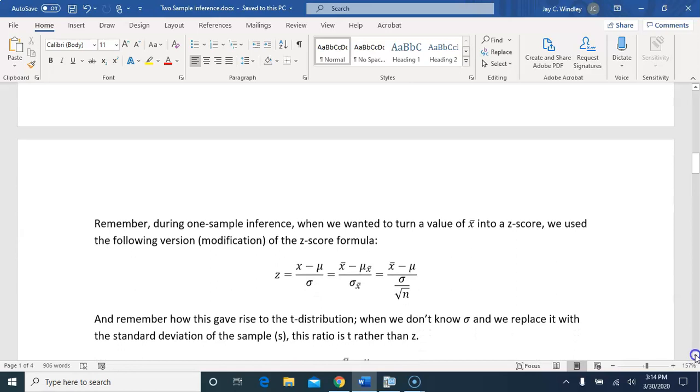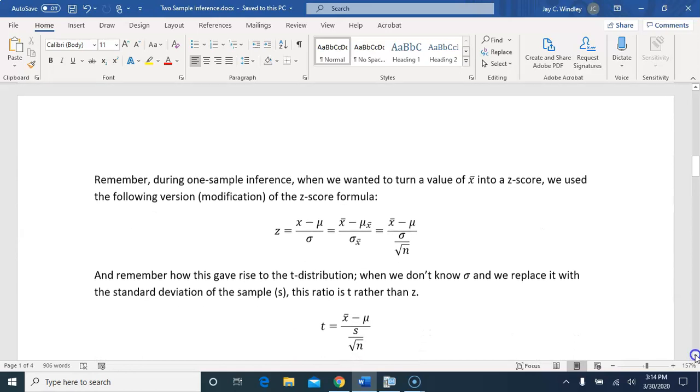So recall that a couple chapters ago we tweaked this z-score formula into a formula for turning x bar into a z-score by subtracting the mean of the x bars and dividing by the standard deviation of the x bars. And then also remember, one key point happened when this sigma was replaced with s, then this quantity, instead of giving us a z, gives us a t.